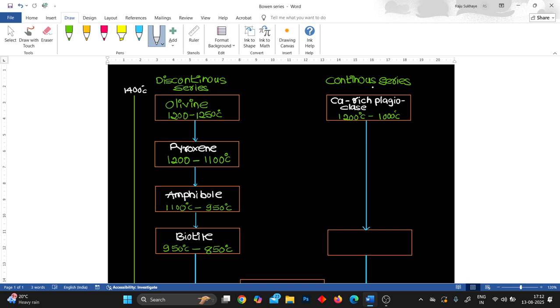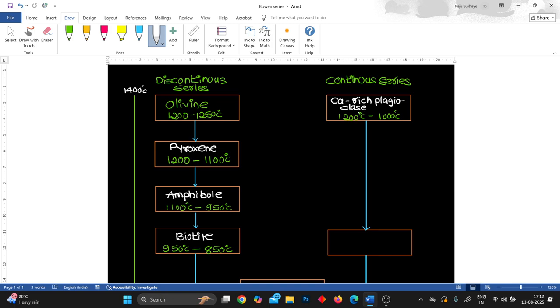So in the continuous series, at a temperature of about 1200 to 1000 degrees Celsius, the mineral of the plagioclase group that is rich in calcium is going to get formed.